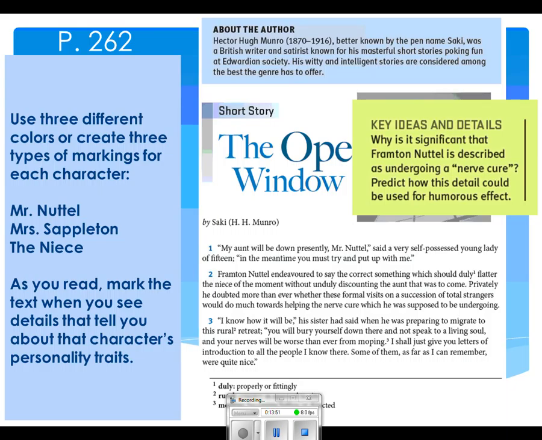You could exaggerate, perhaps sweating profusely when you're nervous. Get some sweat pit stains going on. So we know that Frampton Nuttall is a nervous personality. We know that he has come to this home in the hopes of being cured. All right? Let's see what's going to be going down next.